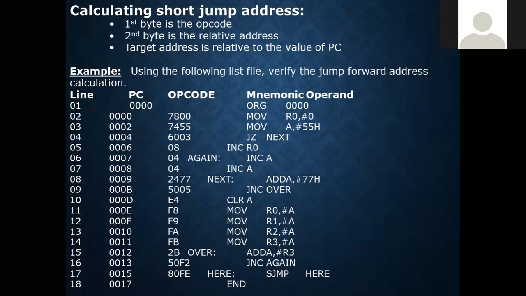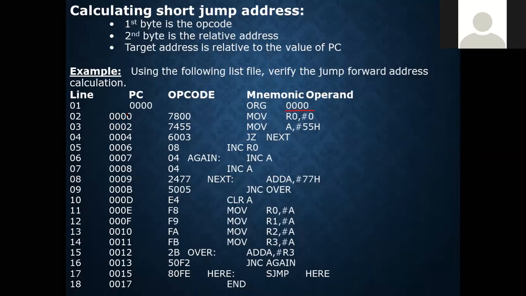Look, here the program counter, this org 0000h, this is the assembler directive. Whenever we are writing a program, we will use this org 0000h, because this particular directive indicates that the program will be starting from this memory location, 0000h. Clear?